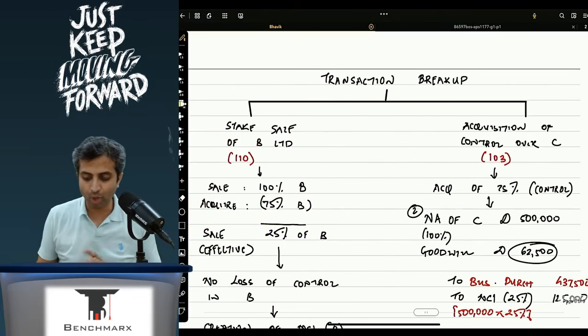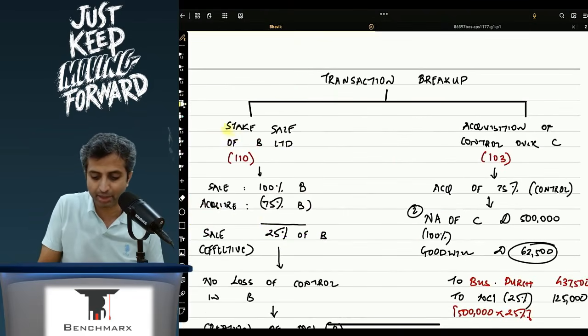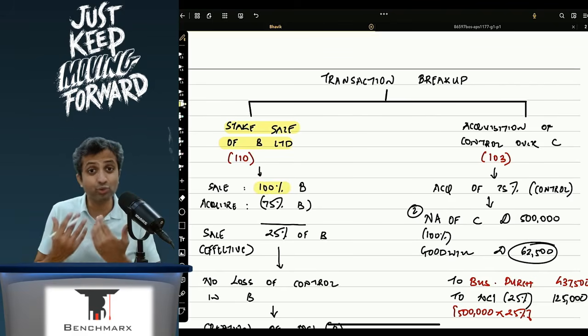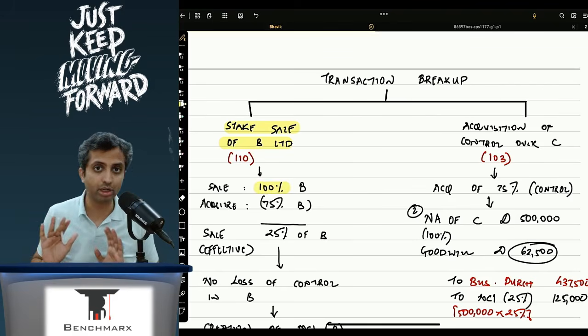So transaction number one, if I look at the transaction breakup, is a stake sale of B. Earlier, I had 100% stake in B, which legally I sold.